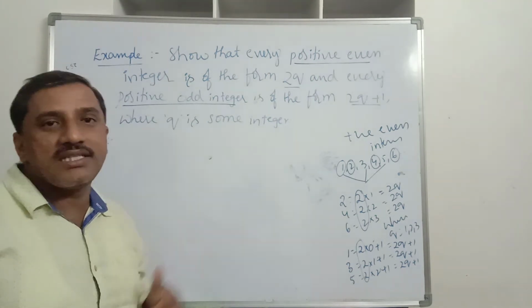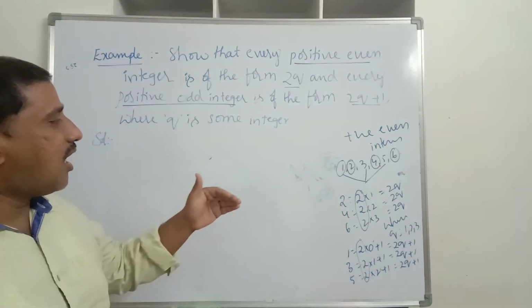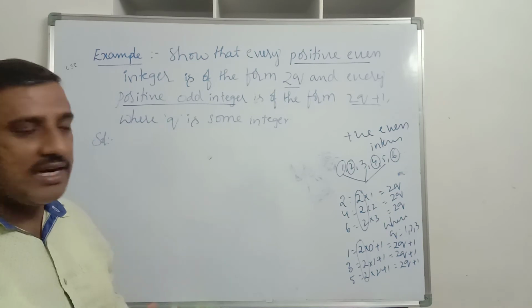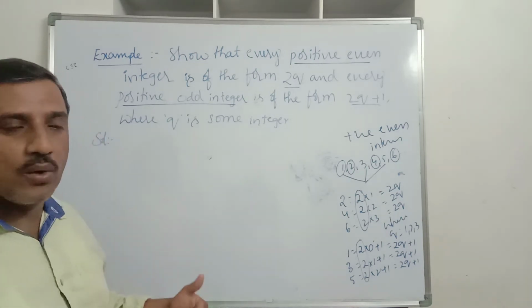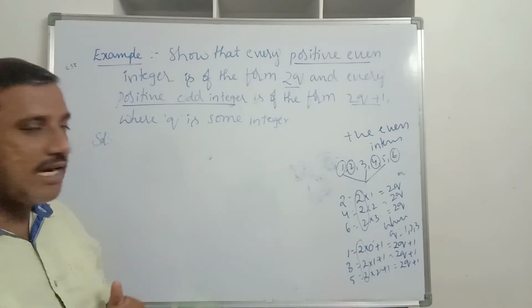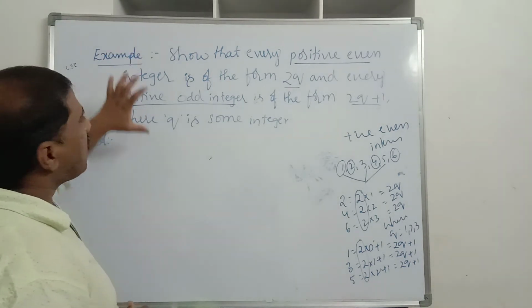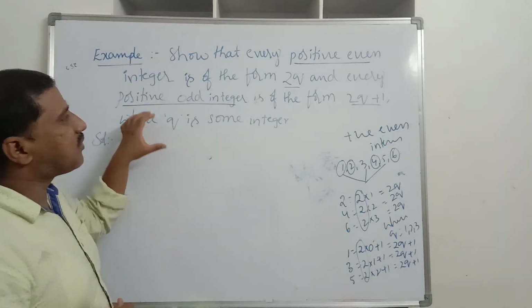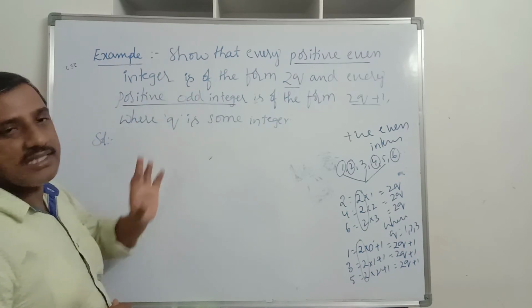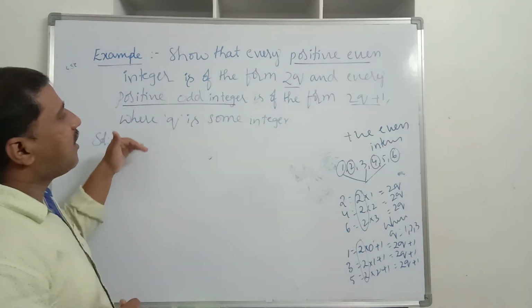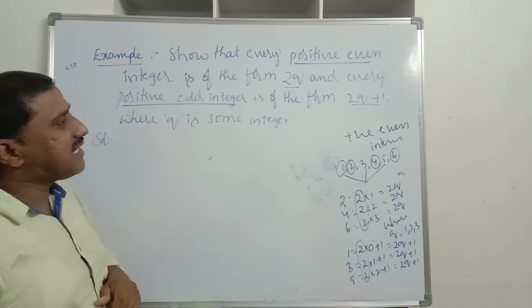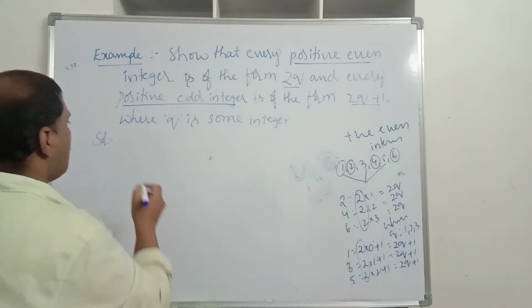Like this, even positive integers can be written in the form of 2q, and odd positive integers in the form of 2q plus 1. Now we are going to use Euclid's division lemma to show how to write even positive integers in the form of 2q and positive odd integers in the form of 2q plus 1.